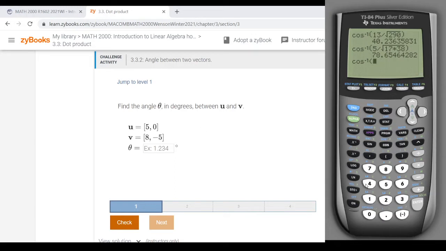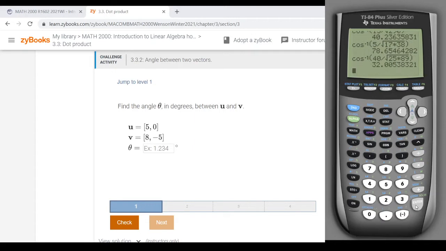So the numerator is going to be 40 divided by the square root of, now the magnitude of this vector is just 5, but I'd be taking the square root of 25, so the first number I'll put down is 25 times, and then the magnitude of v would be the square root of 64 plus 25, which is 89. So I'd have the square root of 25 times the square root of 89. That's why I got 25 times 89 inside the square root.